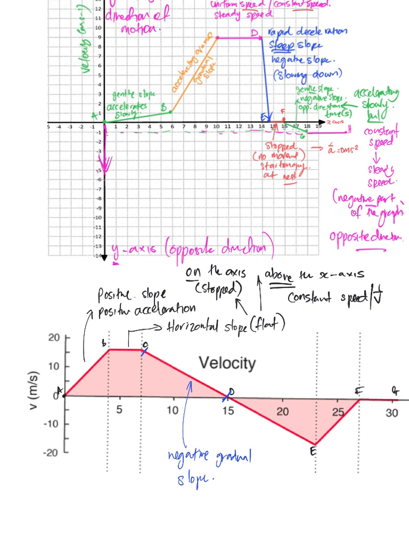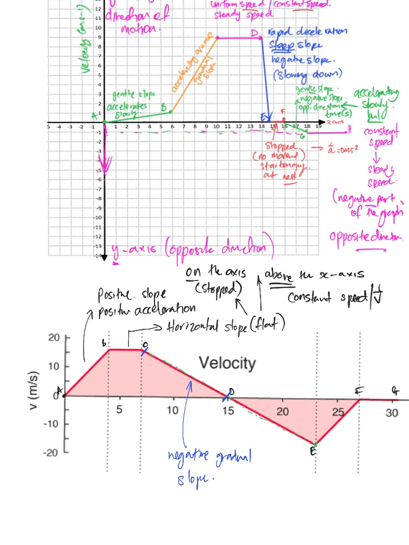A negative gradual slope. Right, then from D to E it keeps going. So it goes all the way from C down to D, all the way to E. Right, so it's all in the same line.